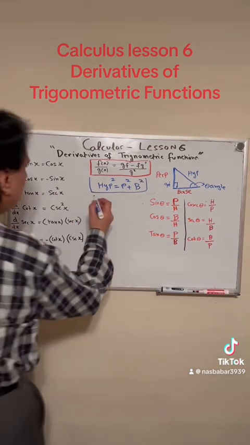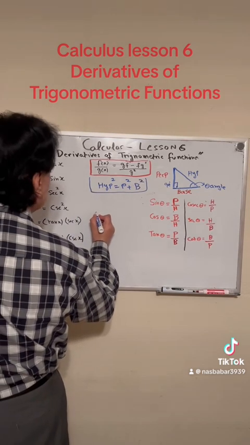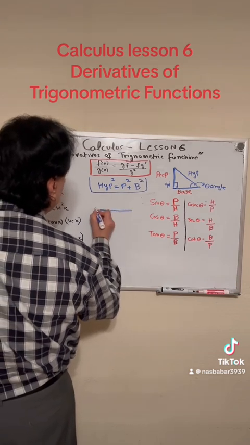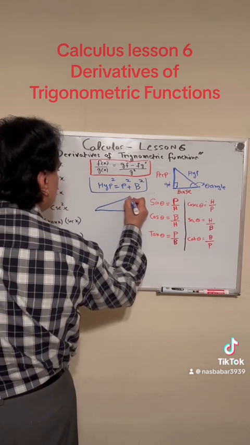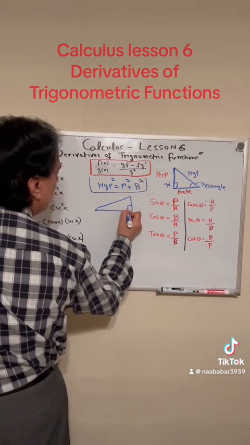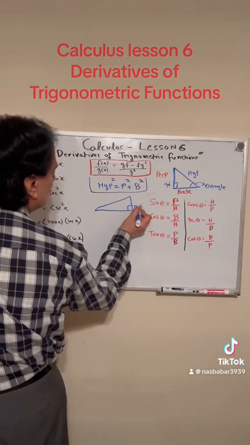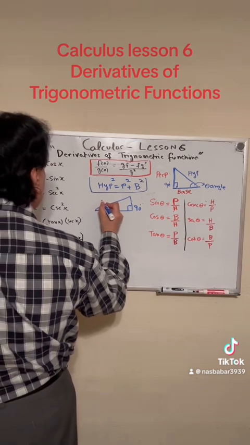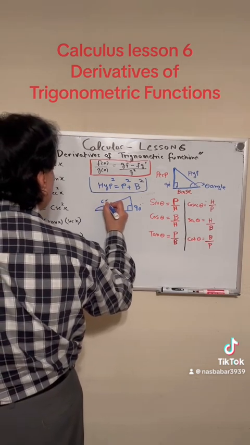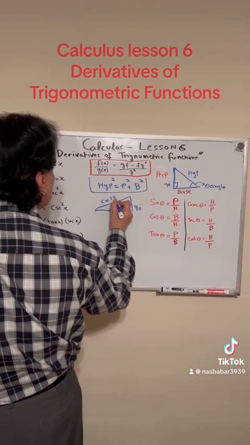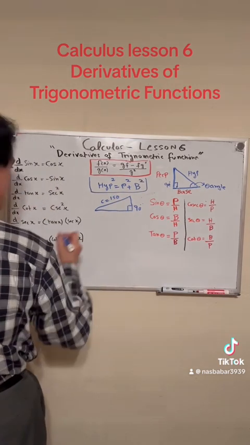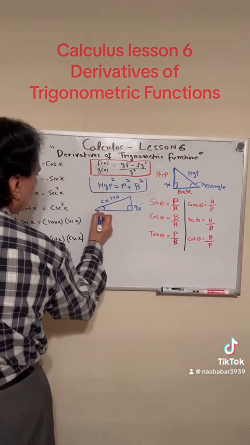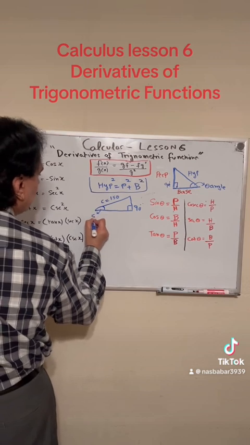Let's say we have a triangle right here. This is a right angle triangle. This angle is 90 degrees. And this is, let's say, C, and the length of this is 150. The angle right here is given, let's say 52 degrees.